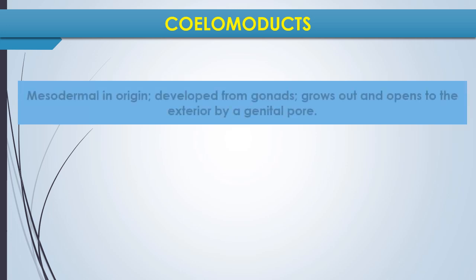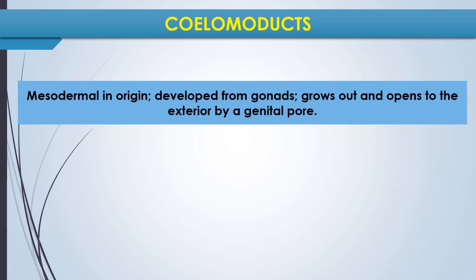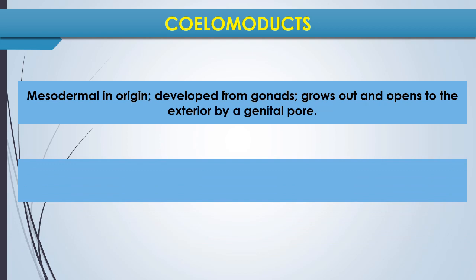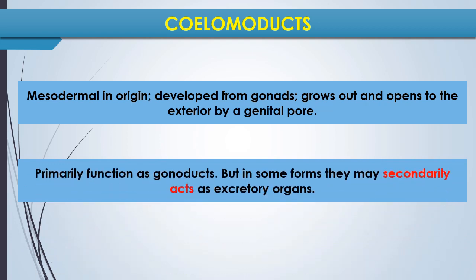Coelomoducts act as secondary excretory organs. These are very primitive and mesodermal in origin. These are developed from the gonads. They grow out and open to the exterior by a genital pore. The coelomoducts primarily function as gonoducts.